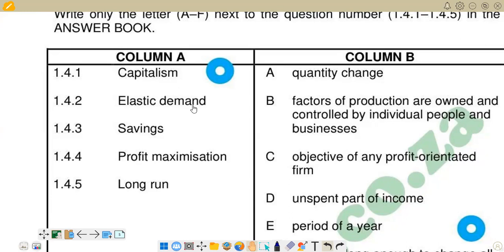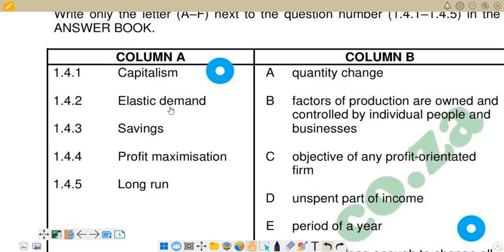Elastic demand, we know elastic demand is the responsiveness of demand to changes in certain variables. For example, we have cross elasticity of demand, income elasticity of demand, price elasticity of demand. In the case of price elasticity of demand, when price changes, to what extent is it stretching or changing demand in terms of proportions. If you go to savings, you would see that savings is not appropriate there.